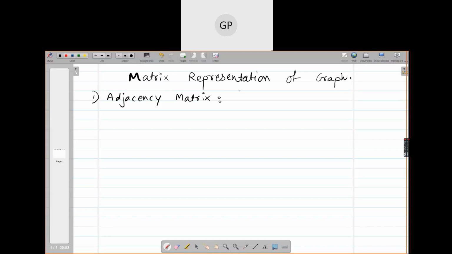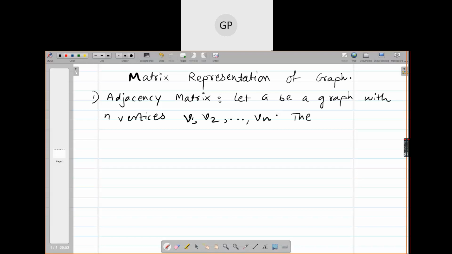All of you must write with me. Let G be a graph with n vertices, V1, V2 up to Vn. Then the adjacency matrix.